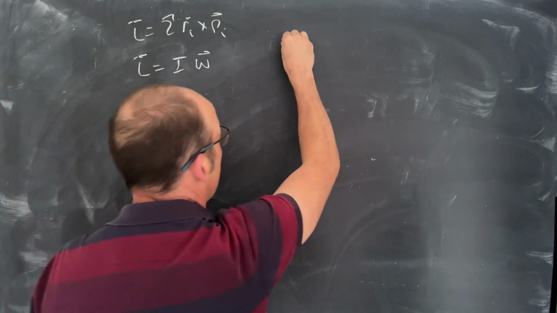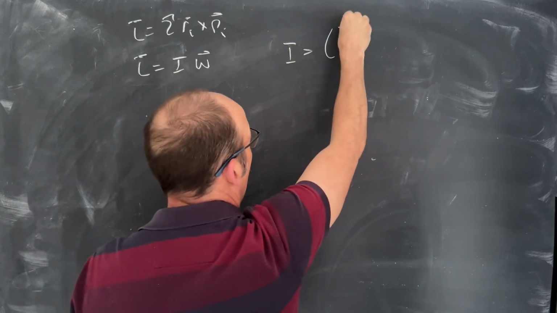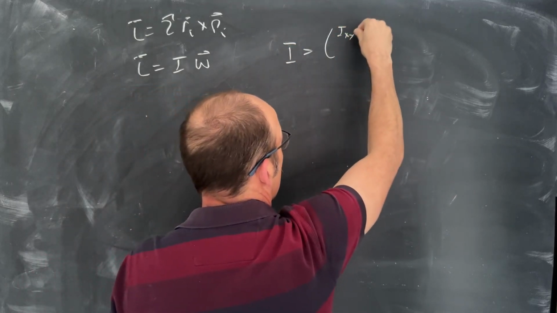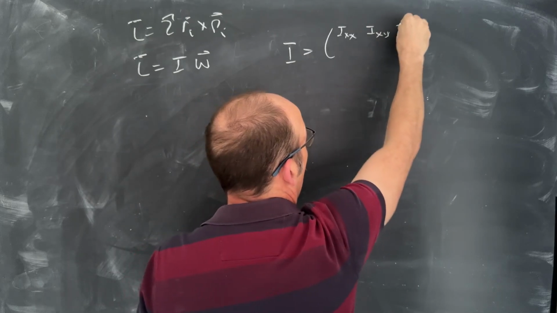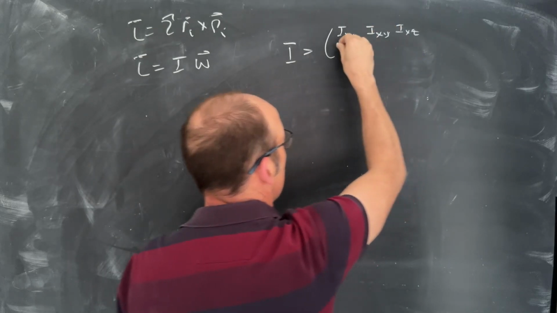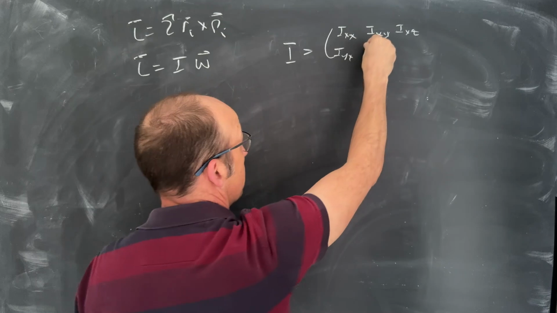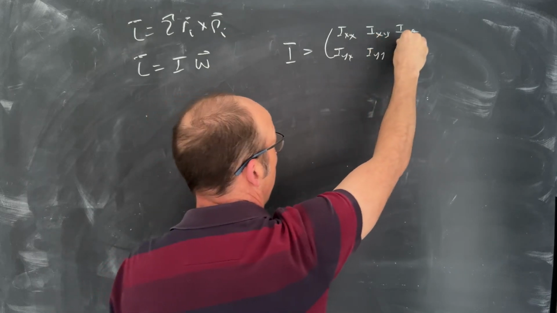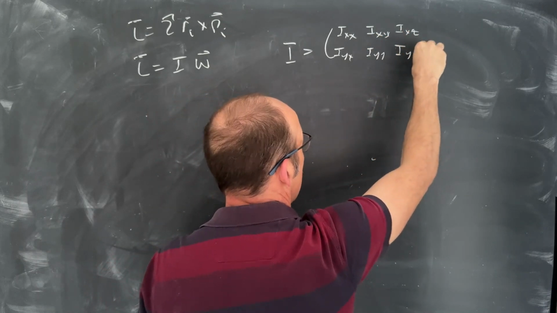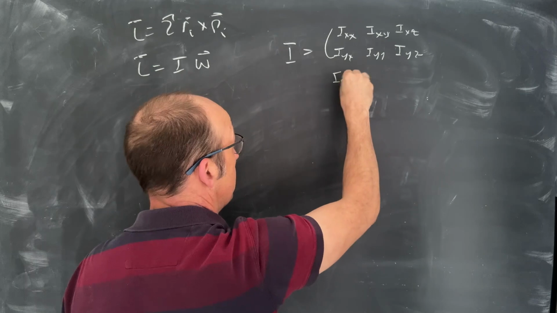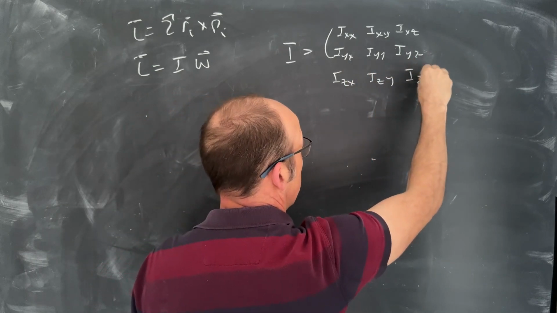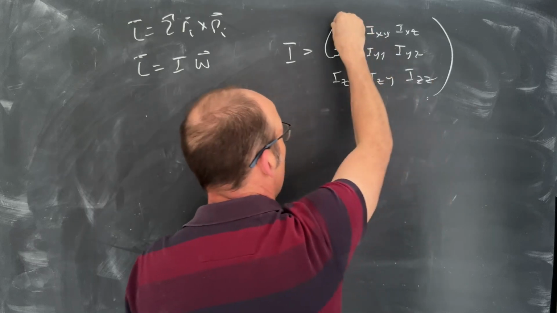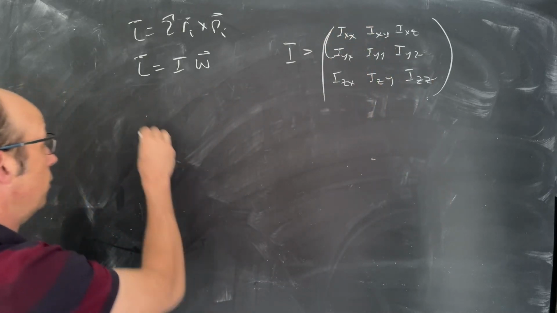So I looks like this: Ixx, Ixy, Ixz, Iyx, Iyy, Iyz, Izx, Izy, Izz. So we're going to need to calculate all those elements, and we can do that.